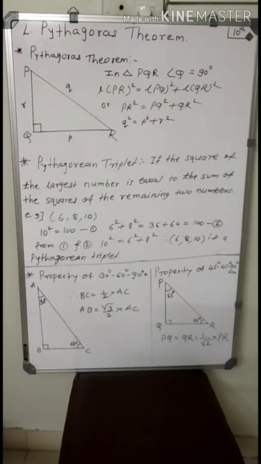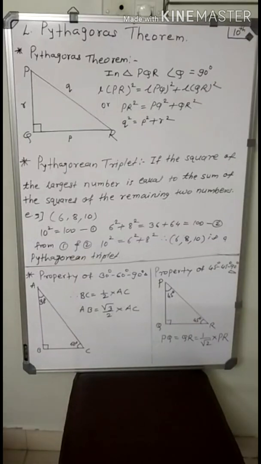So property of 45, 45, 90 degrees: if the angles of a triangle are 45, 45, 90 degrees, then the side opposite to 45 degrees is 1 upon root 2 of the hypotenuse. And some sums are asked on this property also.